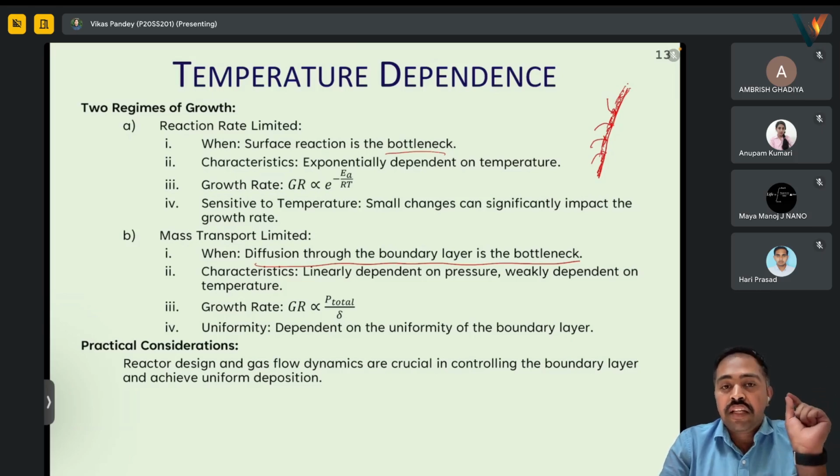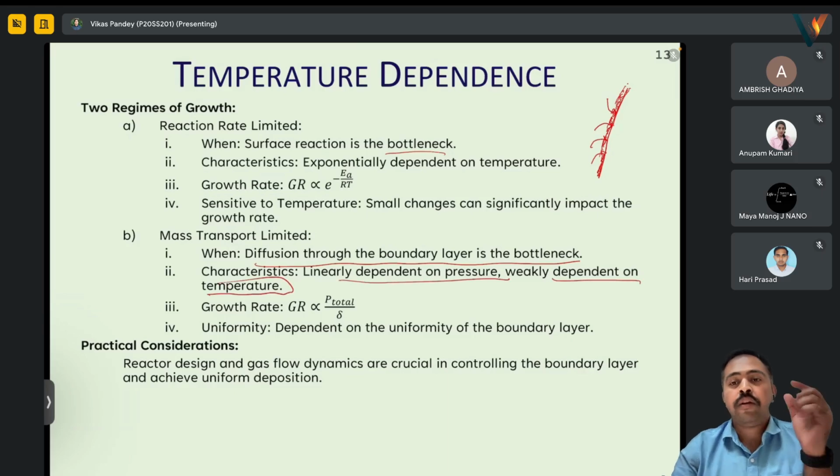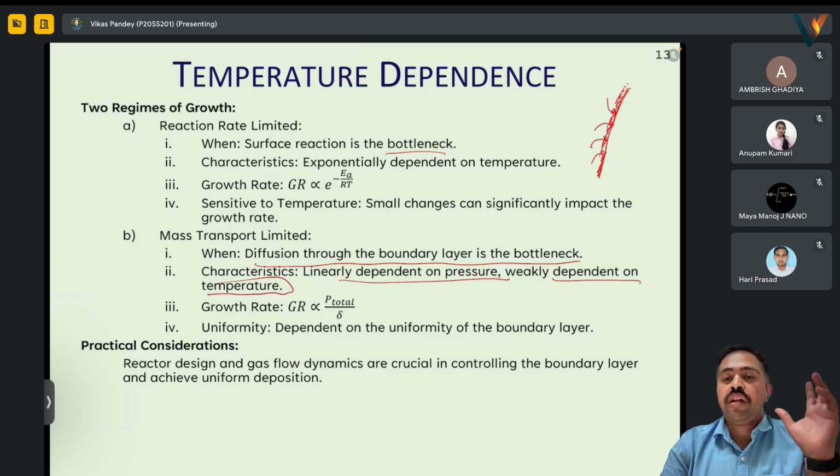It is linearly dependent on pressure, and temperature has less dependence. So slight changes in temperature will not have much effect when we are getting into the mass transport region.